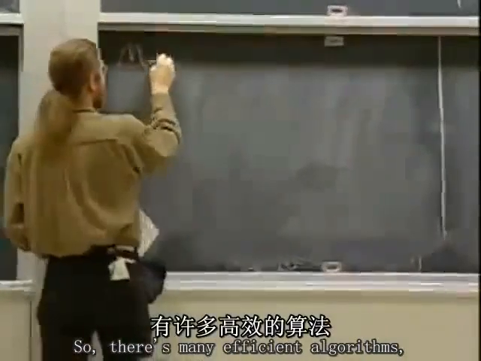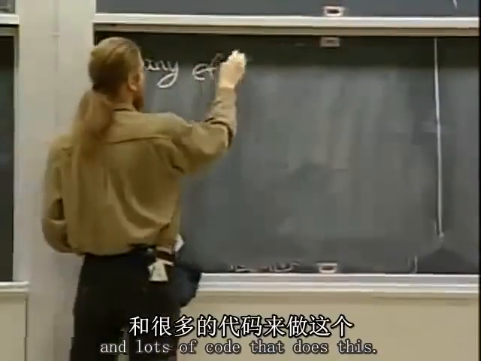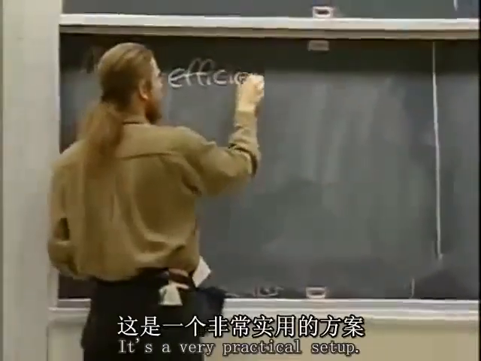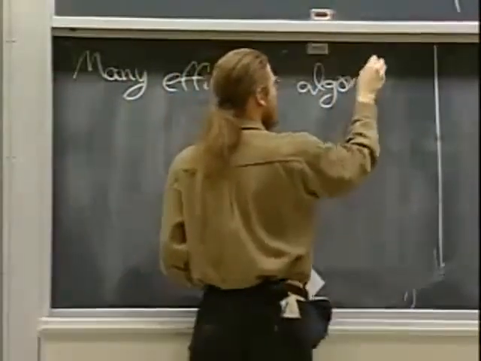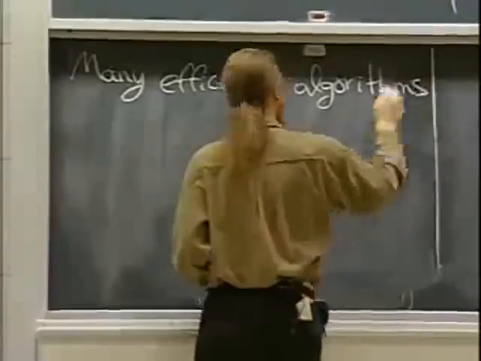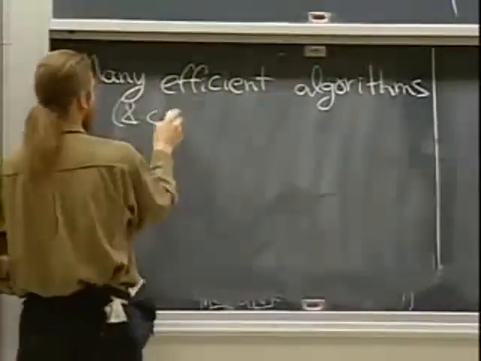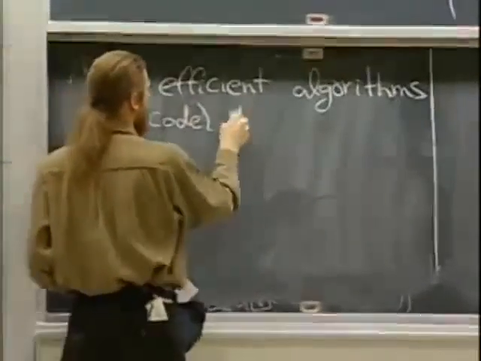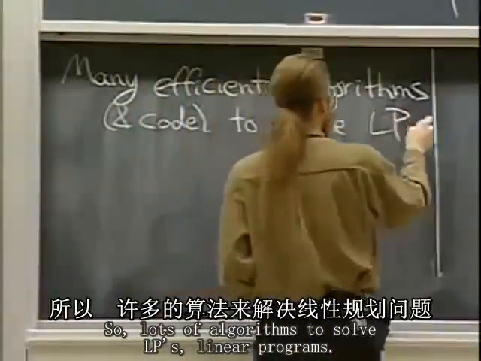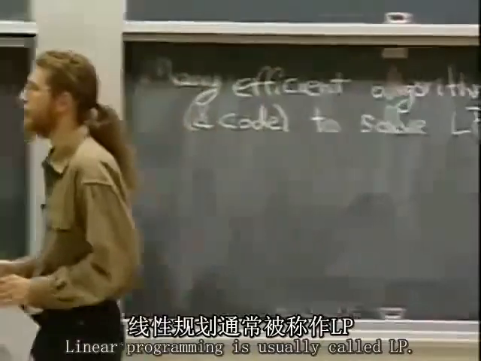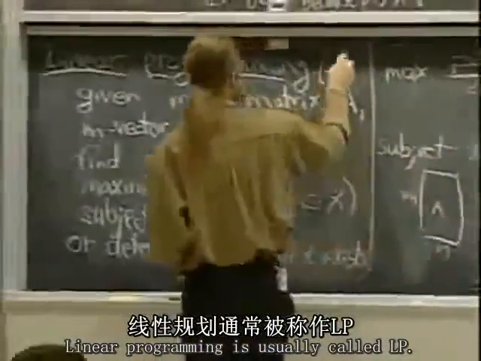There are many efficient algorithms and lots of code that does this. It's a very practical setup. So lots of algorithms to solve LPs, linear programs. Linear programming is usually called LP.